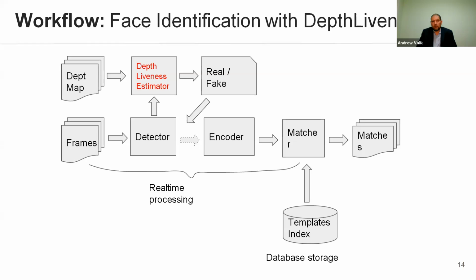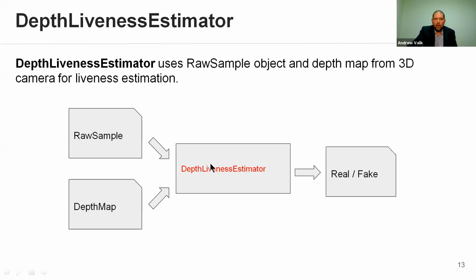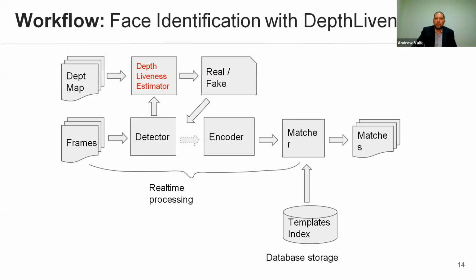And the other parts are similar to the base workflow. So as you can see, it's not a complex solution, but you have to combine a few objects for real-time processing.